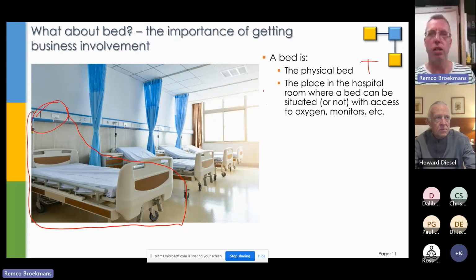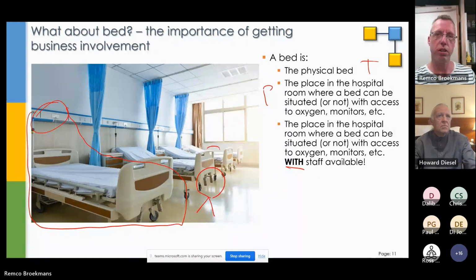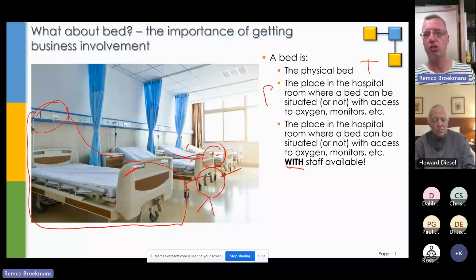This should be a thing. This is a place. And other people say, yeah, you know what? It is the place in the hospital where a bed can be situated or even not be situated, but there should be staff available. We should have someone watching multiple beds. So we should have staff available.